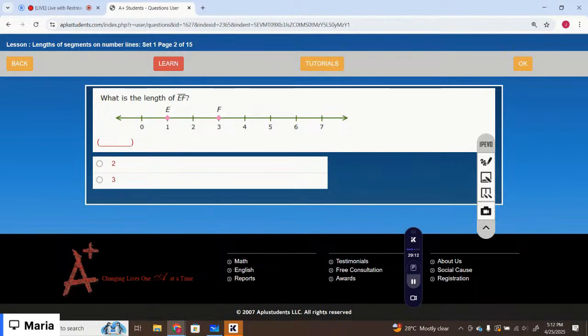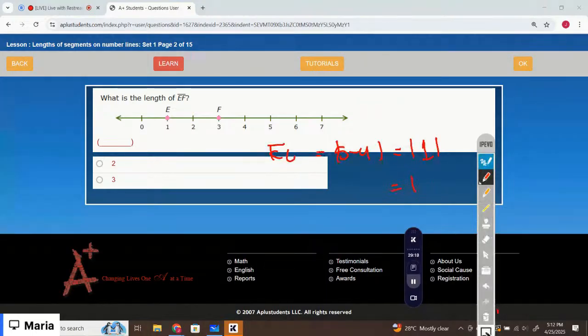What is the length of EF? So the length of EF is 3 minus 1, that equals 2.